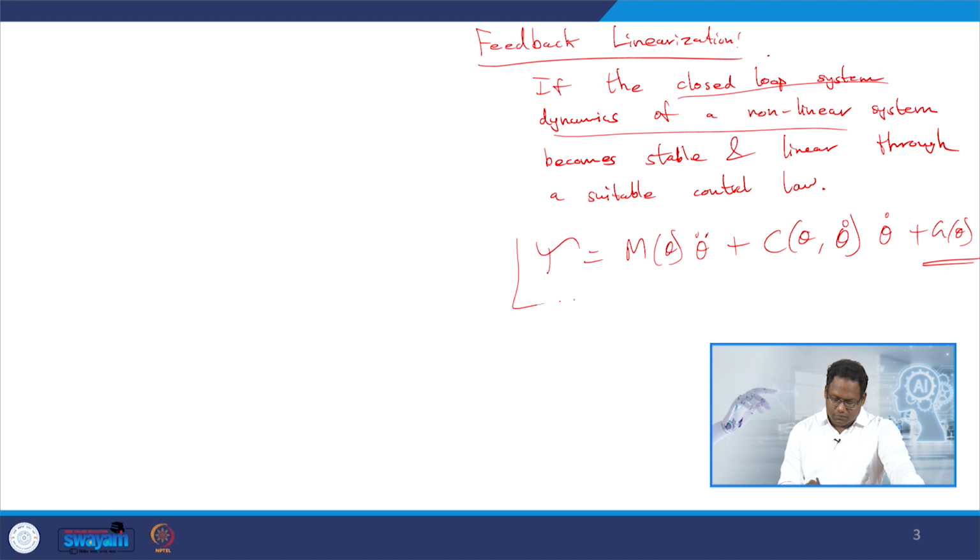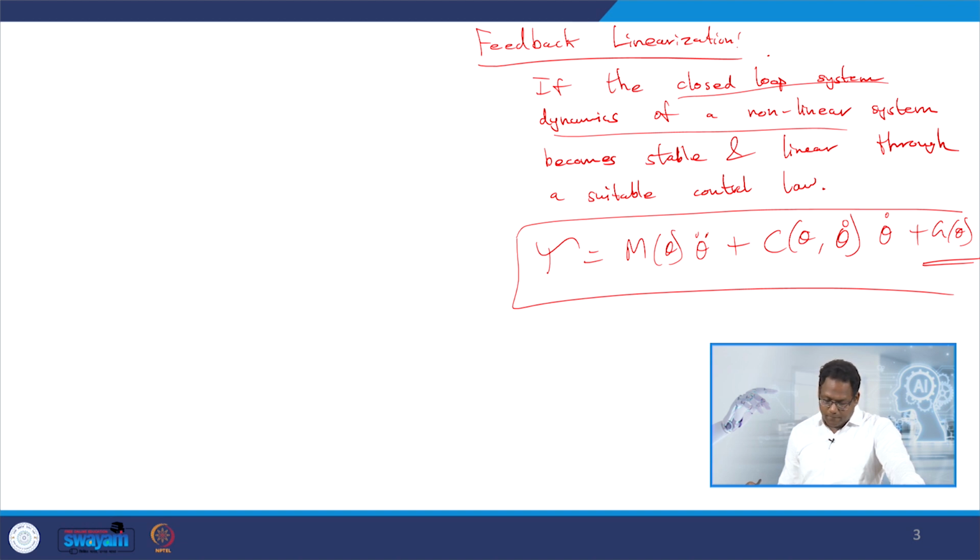If this system representing the robotic system, by a suitable control law becomes stable and linear, then we can say that we have feedback linearization approach being applied to the system.